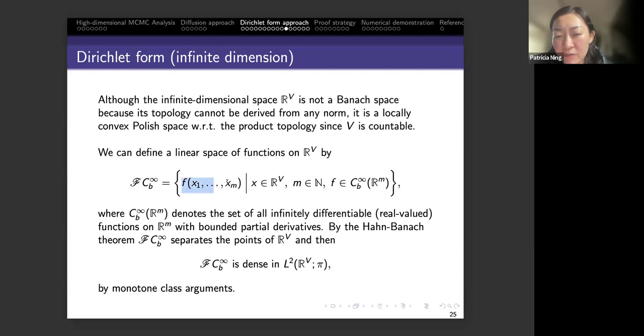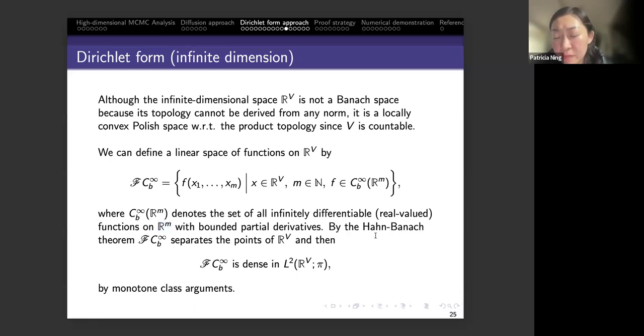This is a function of a finite argument, x_1 to x_m, and this function f is in C_b^∞(R^m). This family of functions denotes the set of all infinitely differentiable real-valued functions on R^m, with a finite dimensional argument and bounded partial derivatives.